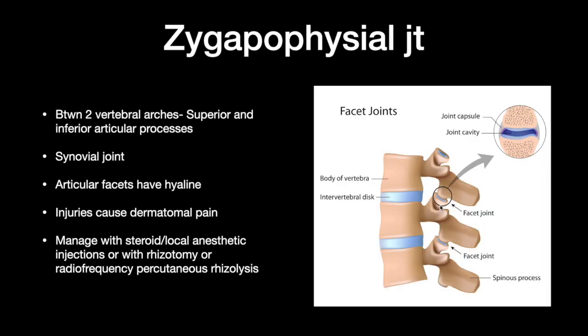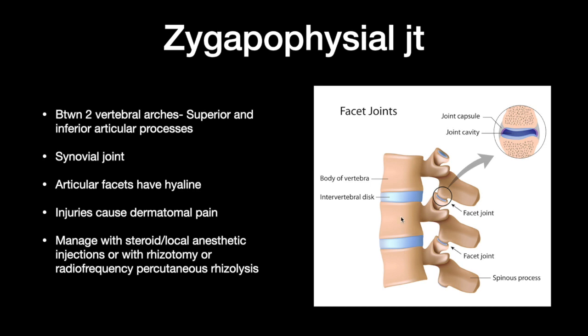That's next, the zygapophysial joints. They are between the superior and the inferior articular processes. It is a synovial joint, so it has hyaline cartilage and a capsule. If there is injury or disease, it will cause dermatomal pain. So remember the dermatomes, the pattern of how those spinal nerves innervate the skin.